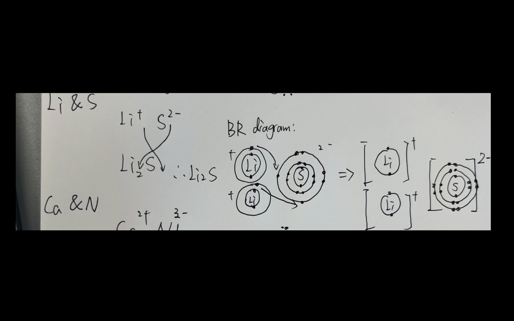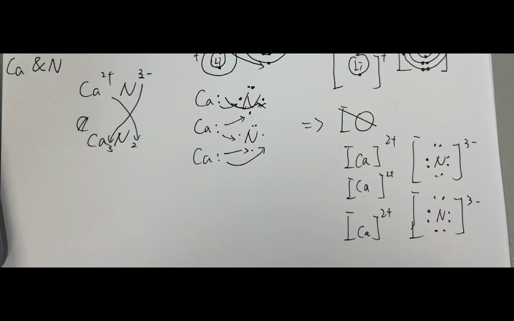And finally, let's take a look at the last example, which is calcium and nitrogen. Calcium is a metal which has +2 valency, and nitrogen, this is actually a little bit weird because nitrogen doesn't usually show -3.